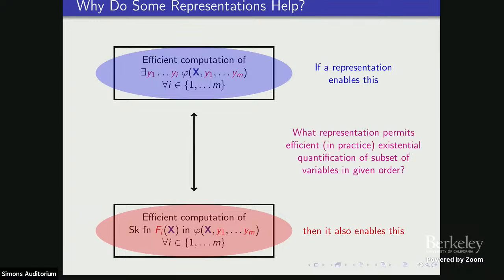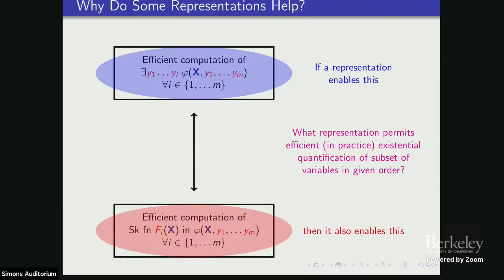And therefore, this motivates us to ask what would be such representations which will enable efficient quantification. But remember, we don't want to quantify some arbitrary subset of variables. We are saying that there's an order and we want to quantify in that order. So as long as that is doable efficiently, in terms of the representation size, we are doing fine.